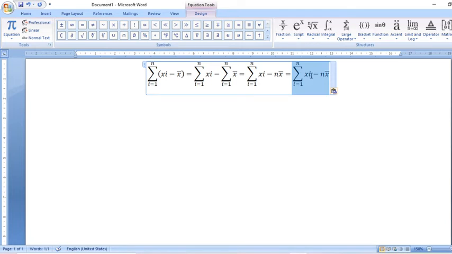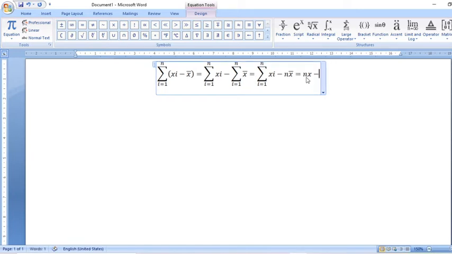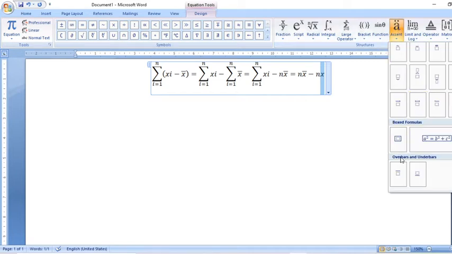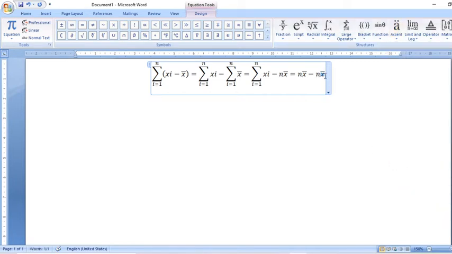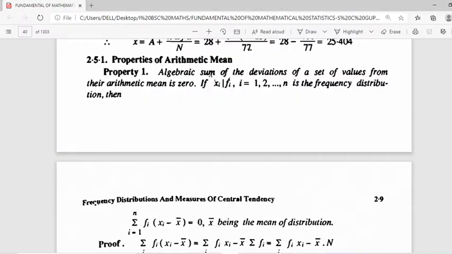Summation xi by n is exactly equal to x bar, so summation xi is nothing but n x bar. Minus n x bar. So what is n x bar minus n x bar? This is equal to 0. So for the raw data, the algebraic sum of deviations of the observations from the arithmetic mean is 0.